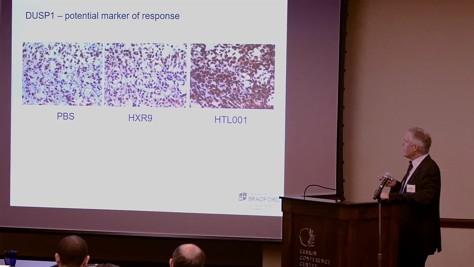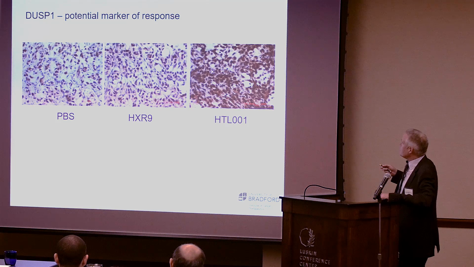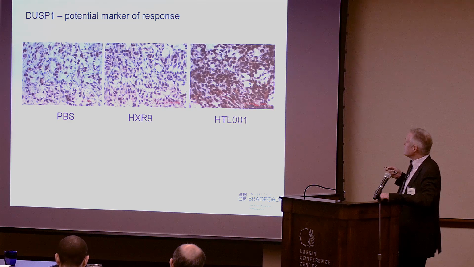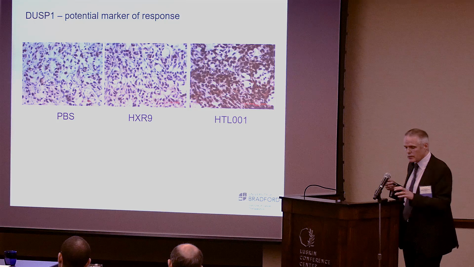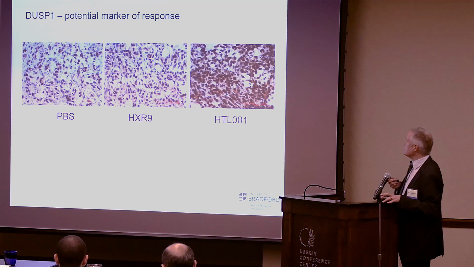And you can see that when you treat these tumours with HXR9 or a variant of HXR9, which is more effective, it turns out, called HDL0001, you see a very strong induction of DUSP1 a few days after the mouse has been treated. So this looks like a potential surrogate marker that could potentially be used to find out early on whether there's been a response to treatment.